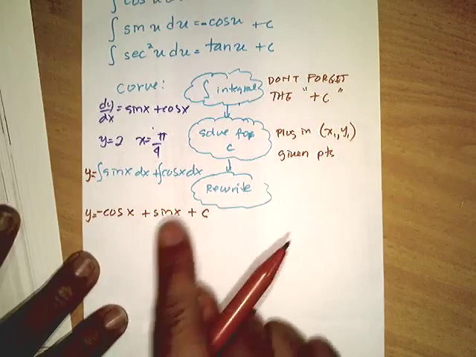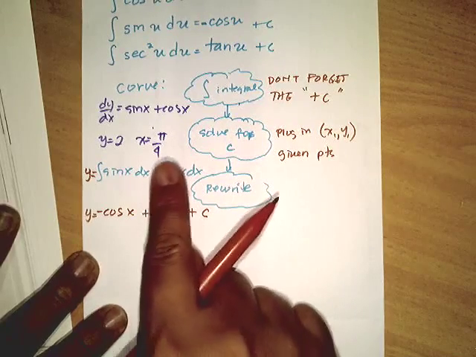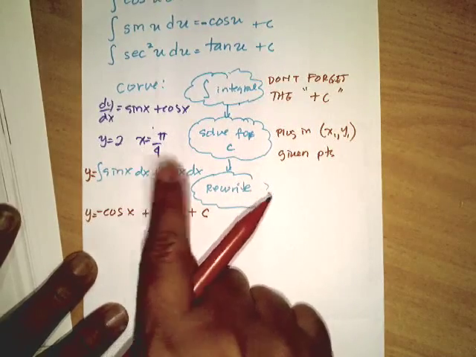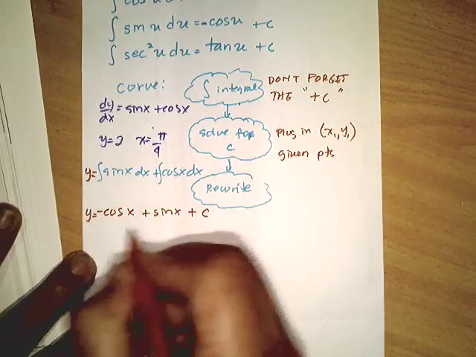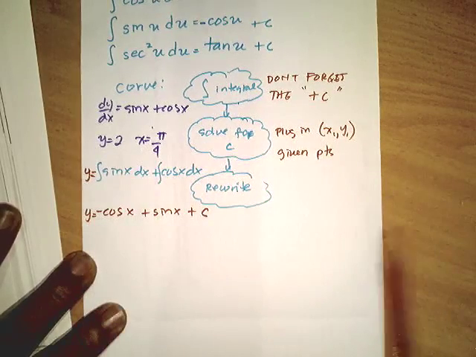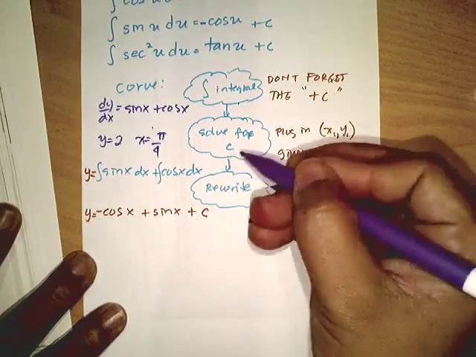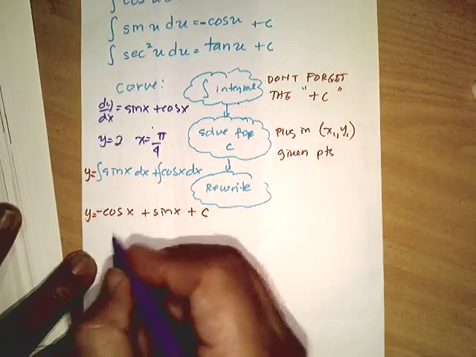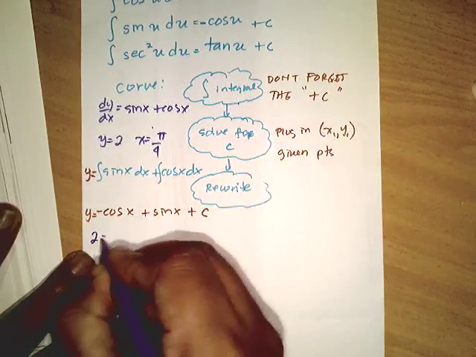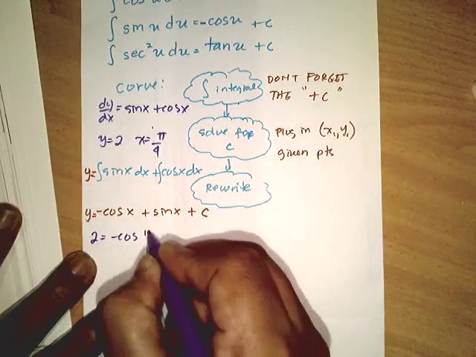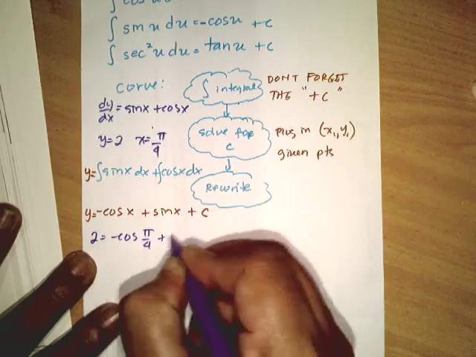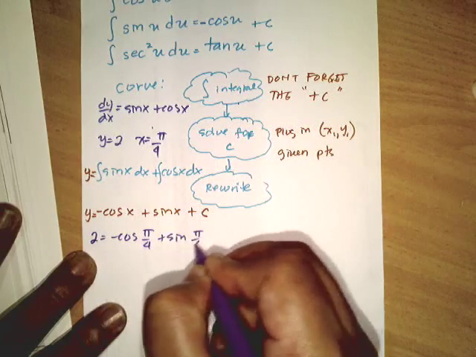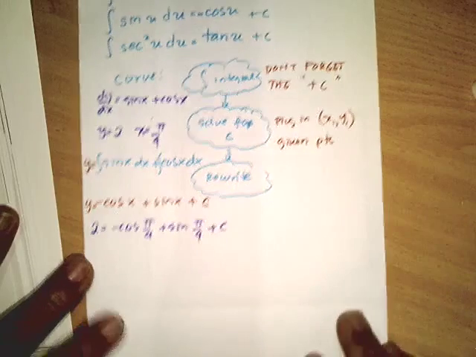Then we're looking for that c, because given that x is equal to pi over 4, y is equal to 2, we can now solve for c. We are now on the second step, solve for c. So 2 equals negative cosine of pi over 4, plus sine pi over 4 plus c.